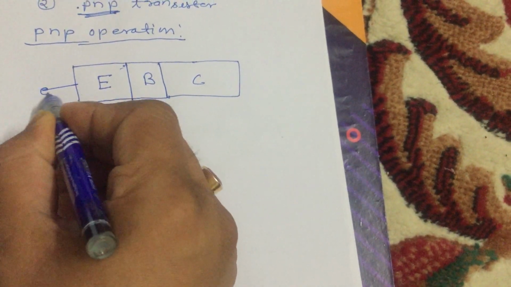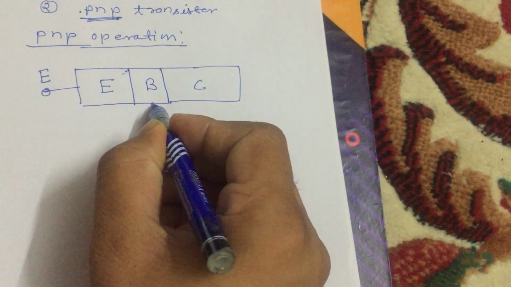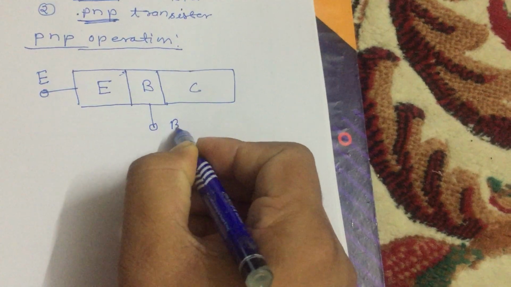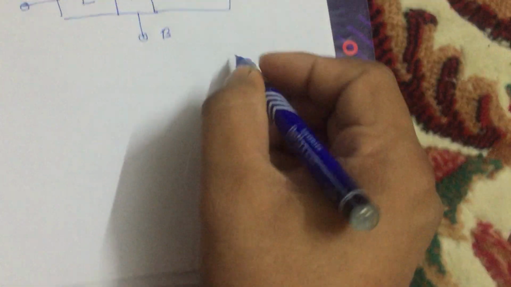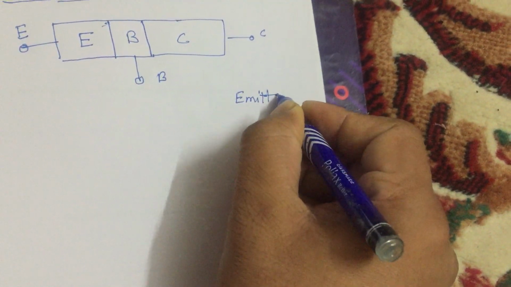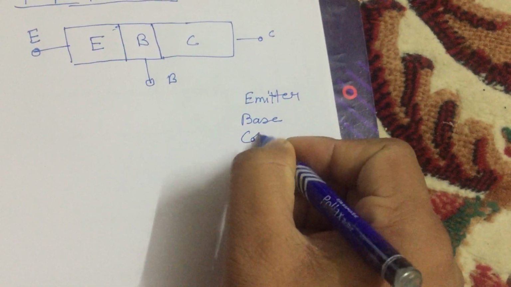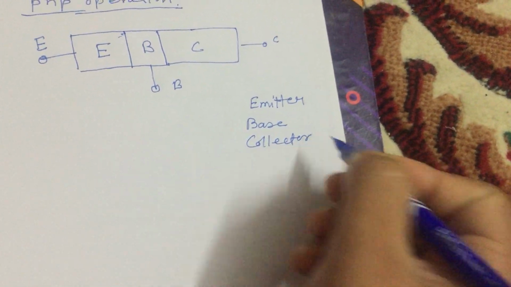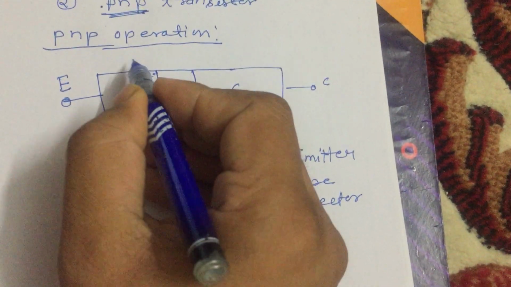We say this terminal is E for emitter, this terminal is B for base, and this terminal is C for collector. So here we have three terminals: emitter, base and collector. This is the PNP transistor.